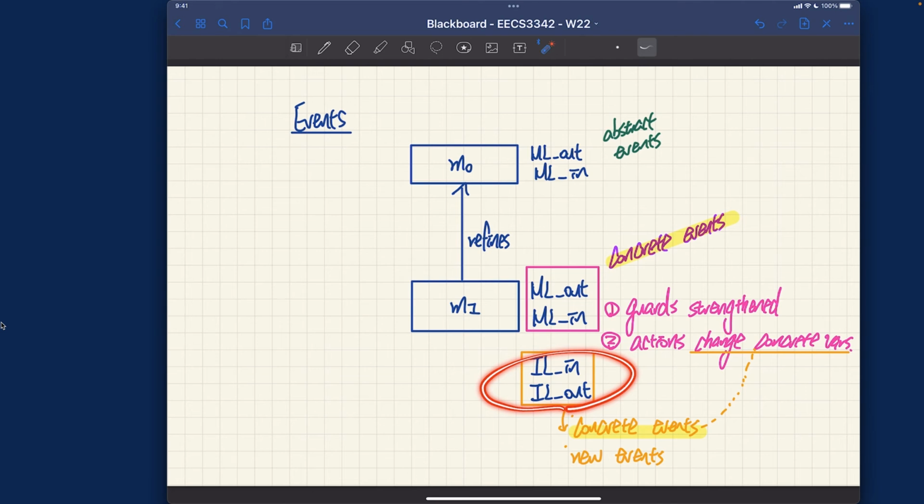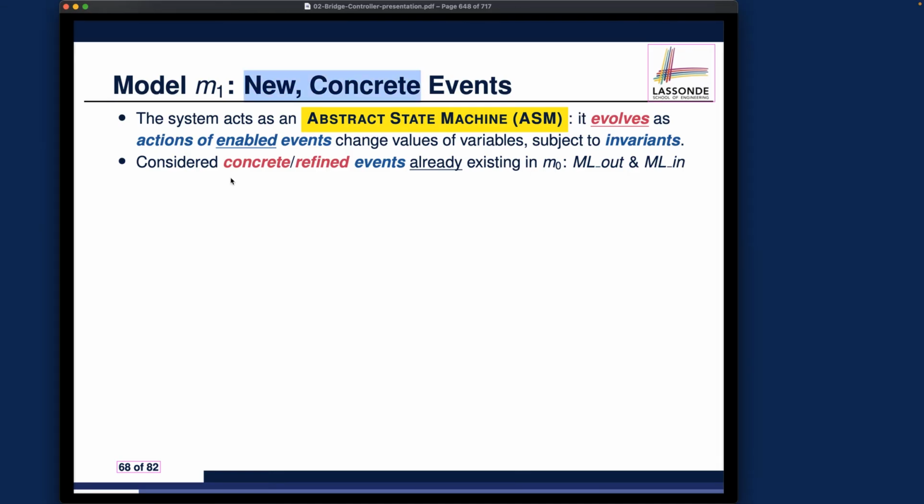So you will have to make sure the context is clear to you which kind of concrete events I'm talking about. So new events are concrete events. However, concrete events may not necessarily be the new events, because concrete events might be referring to the inherited events from the abstract model, right? Hopefully this visual illustration is very clear to you. So from now on, whenever I refer to any one of them, you should really know what I'm talking about, right? Let me now go back over here.